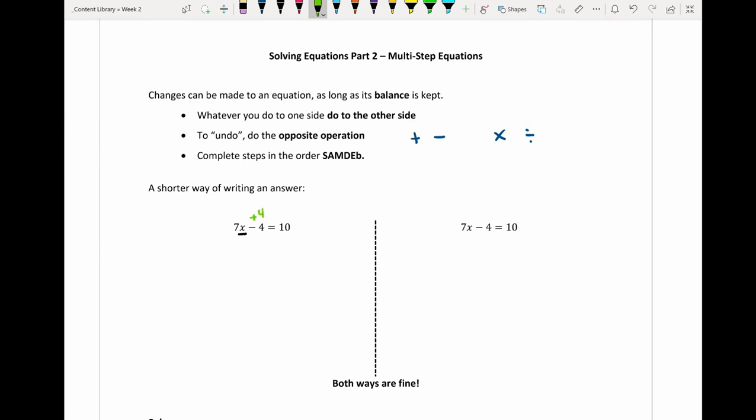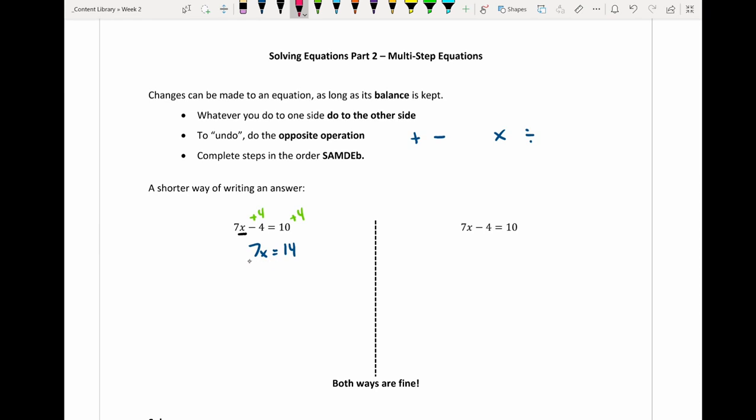To keep things balanced, I have to do the same thing to the other side. So now I'm left with 7x, because the plus 4 and the minus 4 have canceled out, equals 14. Now I'm down to a one-step equation, so to get the x by itself, because there's multiplication going on here, right?